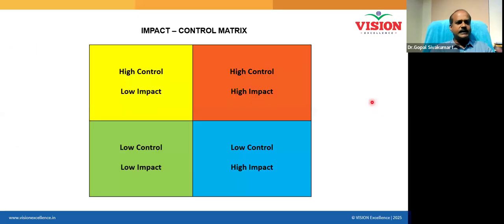Let me quickly finish it. Another alternative is the impact control matrix. This will also serve the same purpose. You have to logically classify your factors into a high impact, high control quadrant.